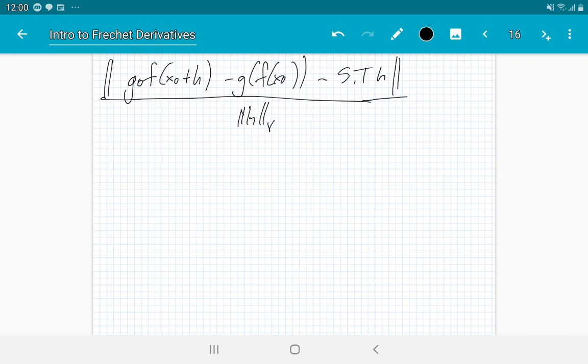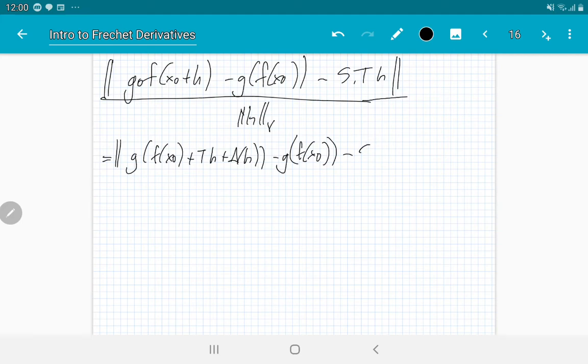And how am I going to deal with this? I want to go back to the expression that I had before, and I'm going to add and subtract stuff. First of all, this is exactly g of f of x naught plus T h plus delta h, just by definition of the terms, minus g of f of x naught.